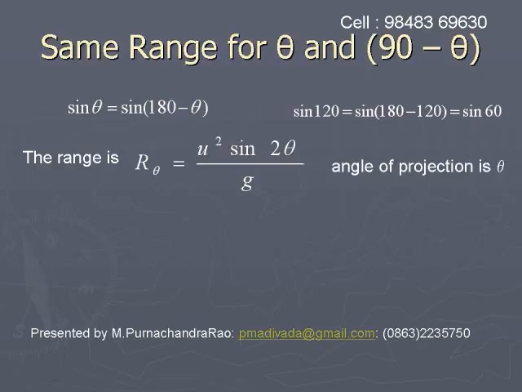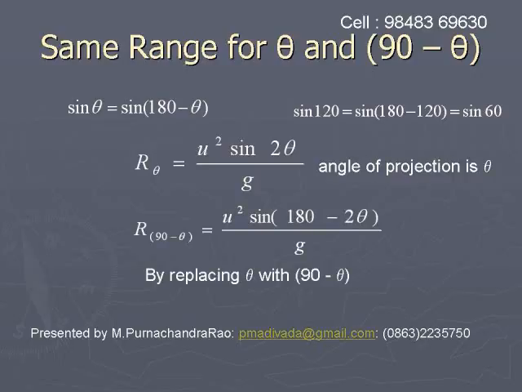The relation for range: R theta is equal to u square sin 2 theta by g, for angle of projection theta. Let us replace theta with 90 minus theta. The range R 90 minus theta is equal to u square into sin 180 minus 2 theta by g.